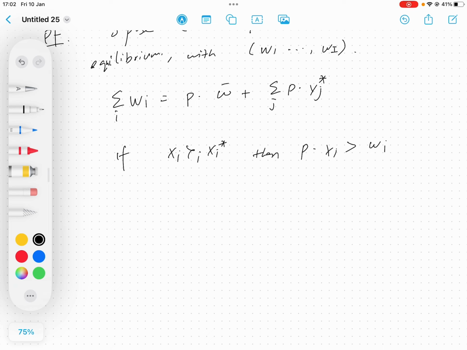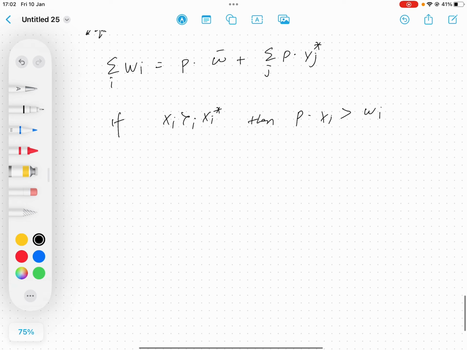By local non-satiation, if xi is weakly preferred to xi star, then p xi is greater than or equal to Wi. So anything that is at least as good as xi star is at best just affordable.